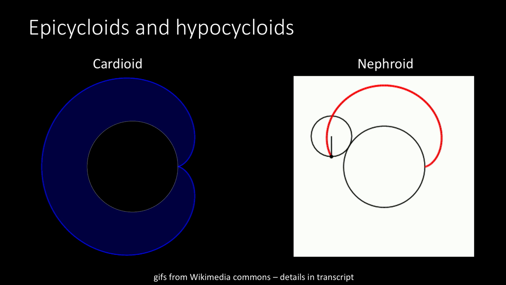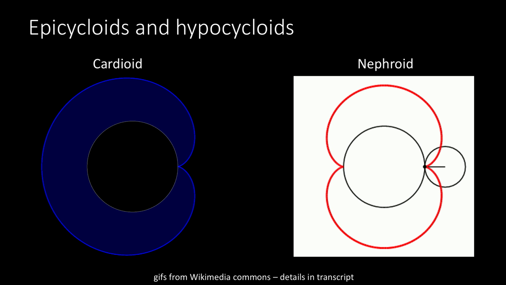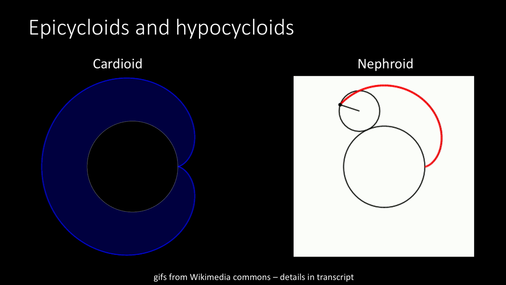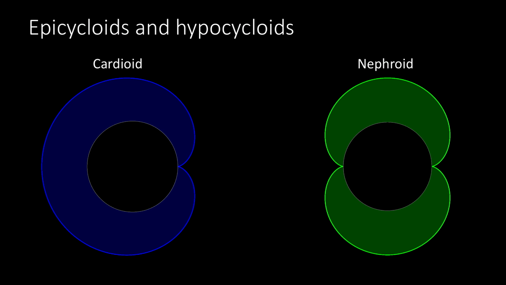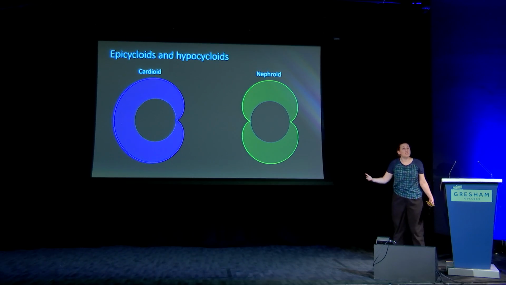Then you get what's called a nephroid, from the word for kidney. Well, it looks a bit like a kidney, I suppose. With the nephroid, you get 2 arches. With this cardioid, you get 1 arch, and if you take higher and higher multiples of your radius to roll along, you get more and more arches.